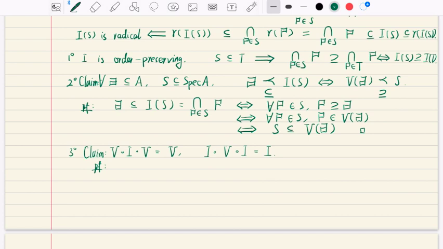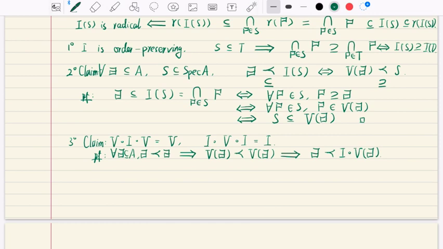To attack this, we can use the second claim in this way. Let's first look at any ideal A. The ideal is of course smaller than itself, and by the order reversing argument, V of A is also smaller than V of A, and by the second claim, the claim above, we will have A is smaller than IV of A for any ideal A. Okay, this is the first thing.